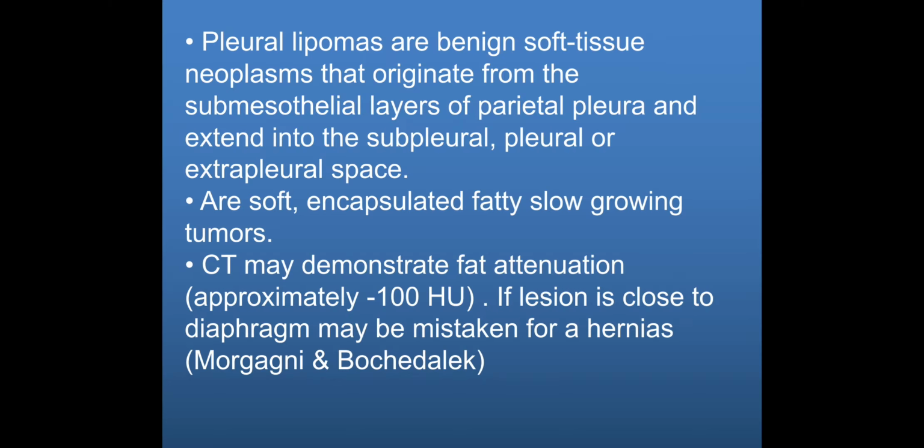Pleural lipomas are benign soft tissue neoplasms that originate from the submesothelial layer of parietal pleura and extend into the subpleural, pleural, or extrapleural space. They are soft, encapsulated, fatty, slow-growing tumors.